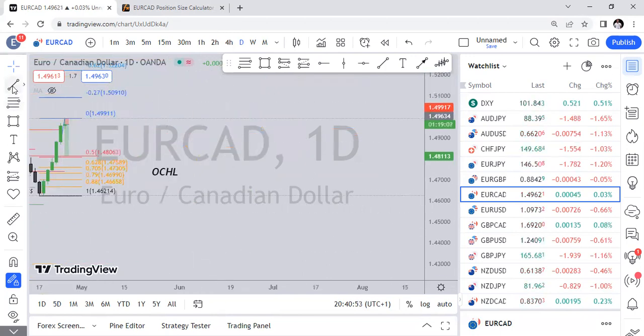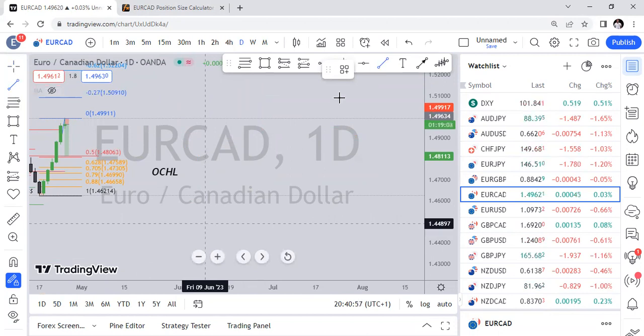If we are looking at it that way, we need to understand the way the market moves, because the market moves in patterns, or the candlesticks actually move in patterns.